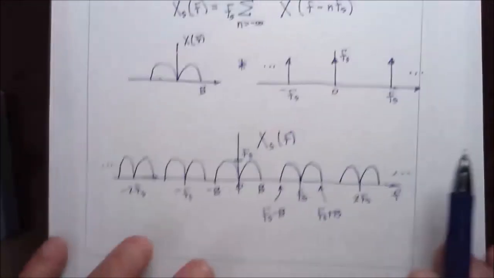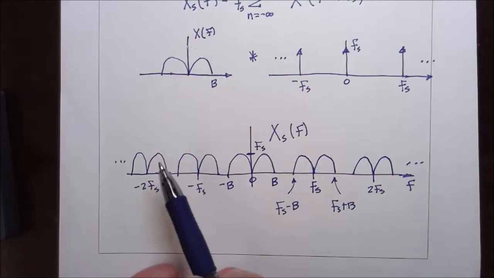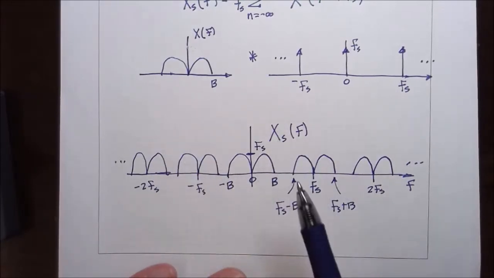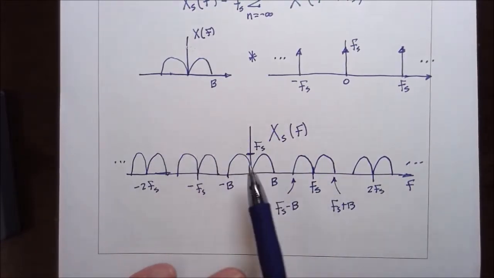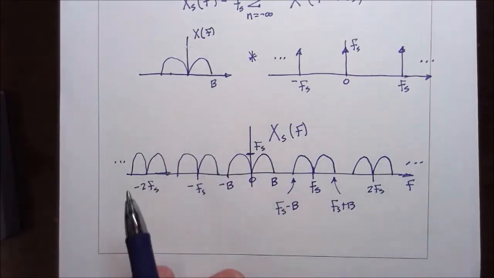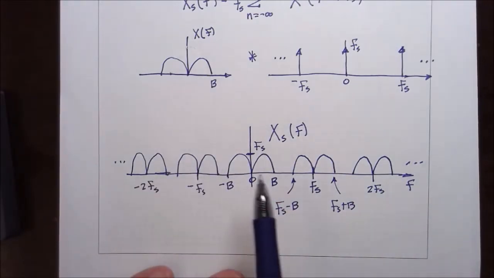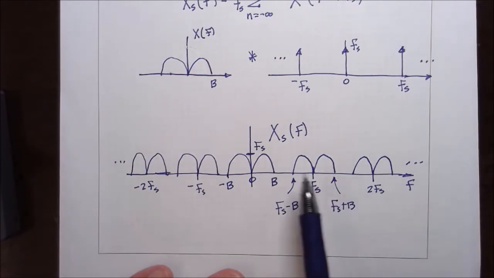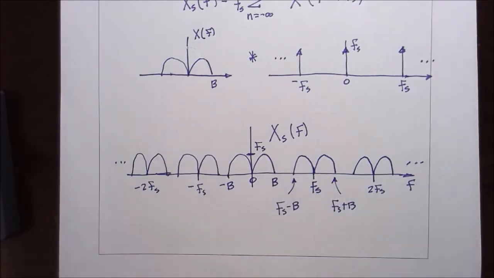Okay, so this now is what the spectrum of the sampled signal looks like. We have replicas of the spectrum of the message signal centered at multiples of the sampling frequency.